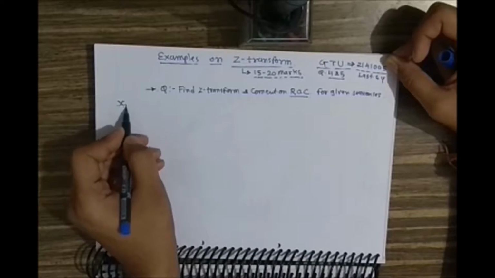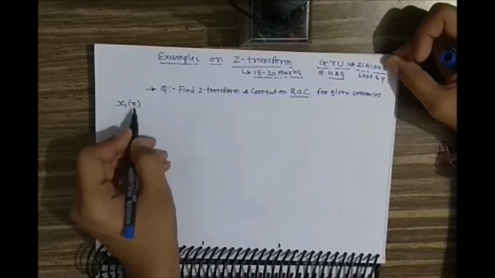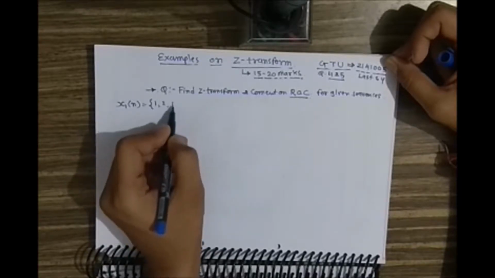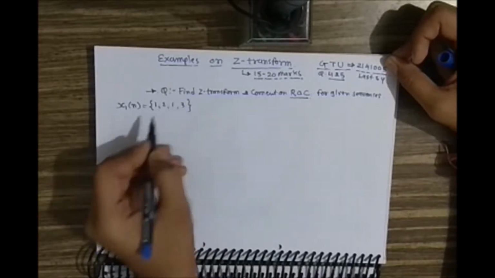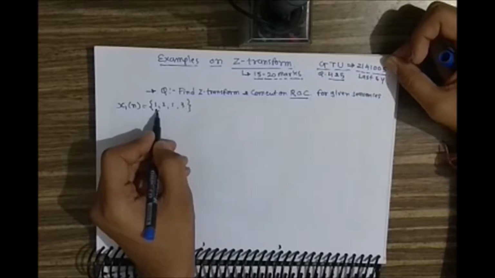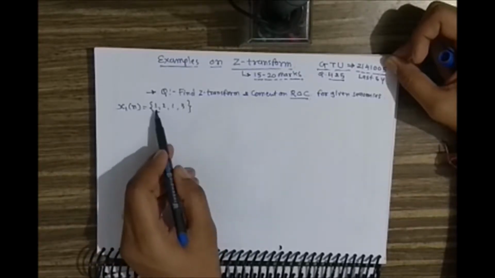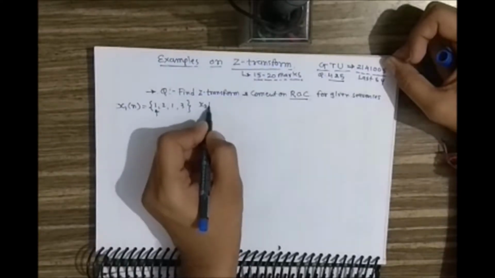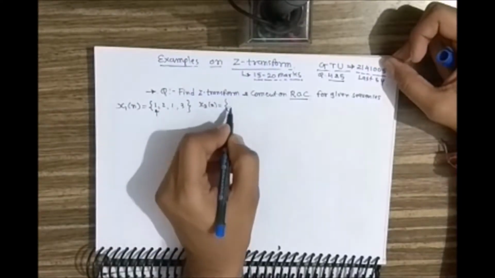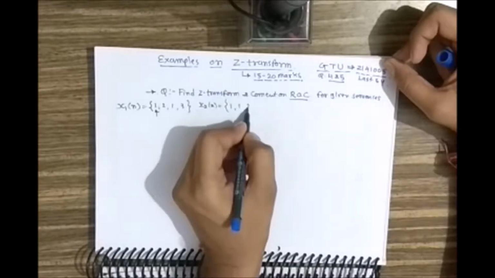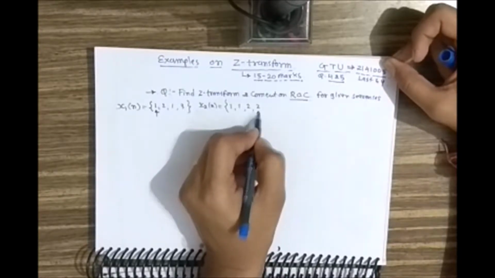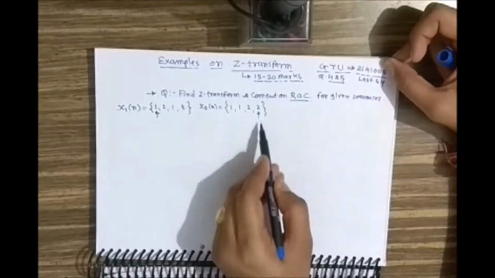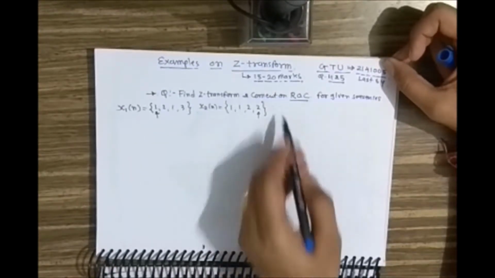First, we have x1 of n is 1, 2, 1, 3, and the origin, or the 0th sample, is at the first sample. Then x2 of n is 1, 1, 2, 2, and the origin is at the last sample, that is the 0th sample in x2 of n.